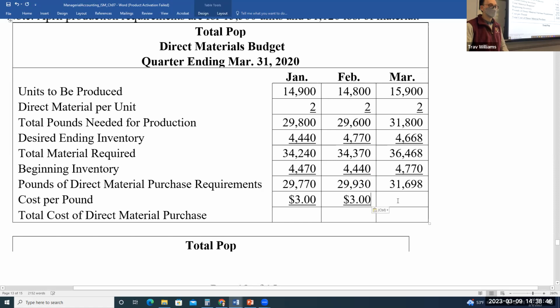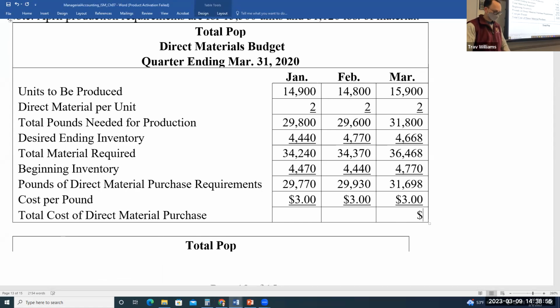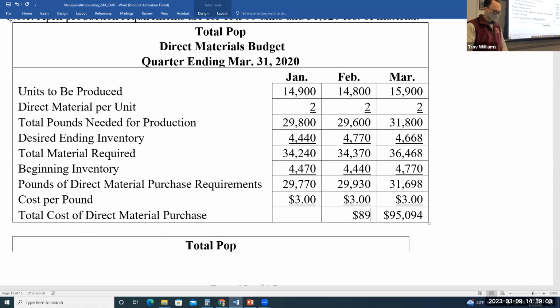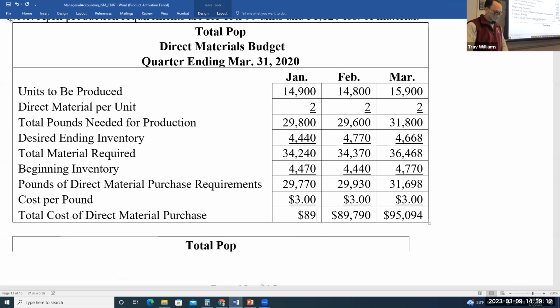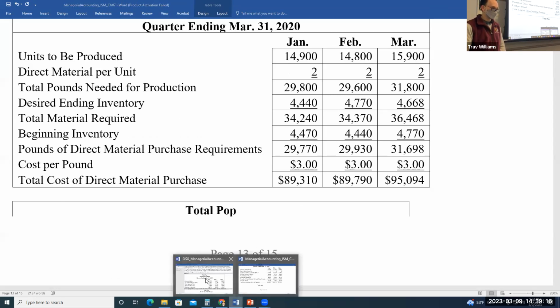We can multiply and get our materials costs per month. Okay, I do hope these numbers come out right. Let's double check.